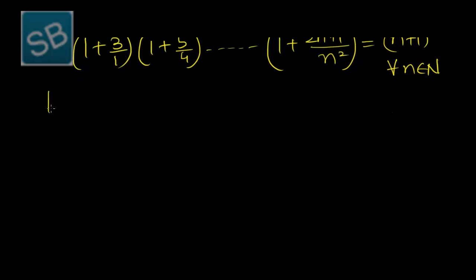Now the solution is that we have a result and we have to prove it, and here we have to equate this. So we have to find the solution of this.